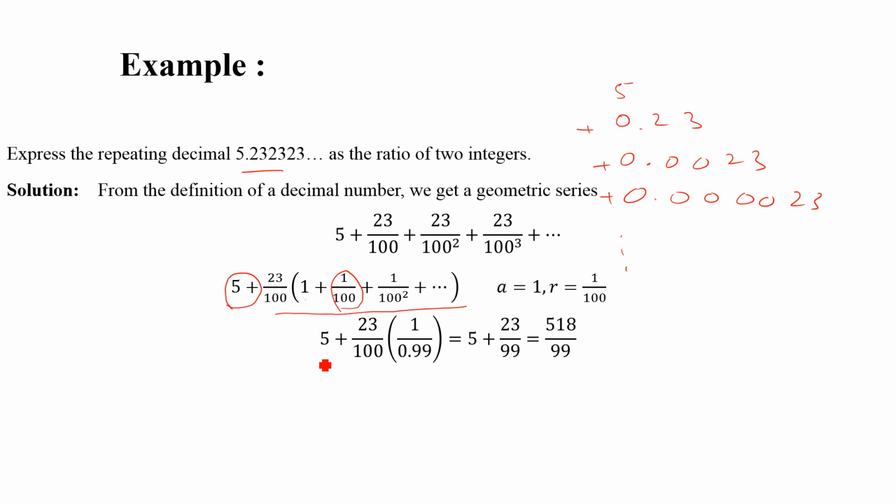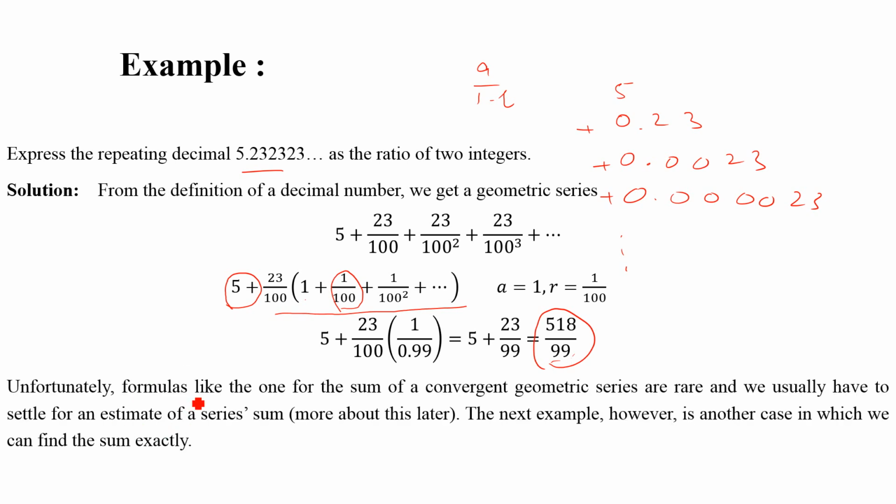Because r is less than 1, the sum of the series, using the formula a over 1 minus r, is 1 over 1 minus 1 over 100, which is 0.99. So this is equal to 5 plus 23 over 99, and ultimately the answer is 518 divided by 99. So this is the ratio of two integers, 518 and 99.